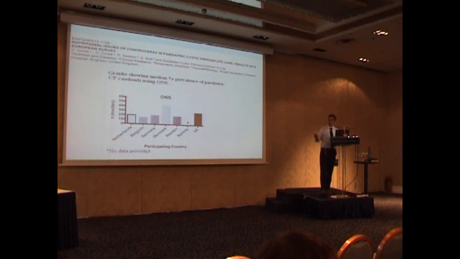And we did a study looking at how commonly supplements were used across Europe. And you can see here it's somewhere between 20 to 40% of children in these countries use oral supplements. So it's not a huge number of children, 20 to 40%.